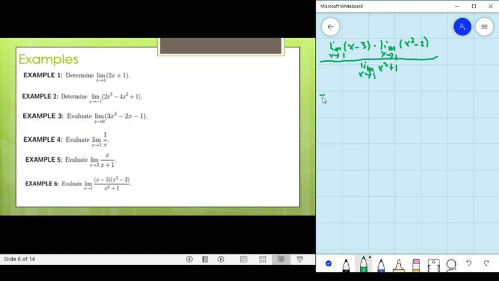Okay. The numerator is similar to the limit of x minus the limit of 3, and both limits have x approaching 1, times the limit of x squared as x approaches 1 minus the limit of 2 as x approaches 1.